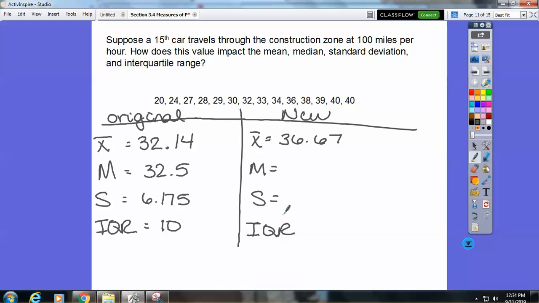That raises my mean to 36.67. Median jumps to 33. Standard deviation is 18.5035. And interquartile range is 11.